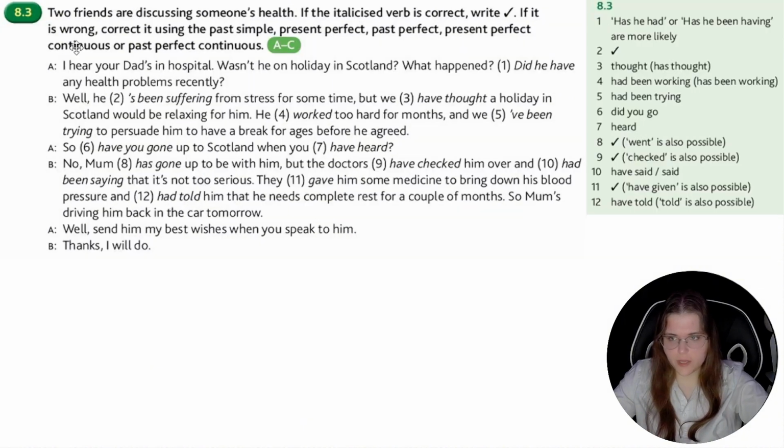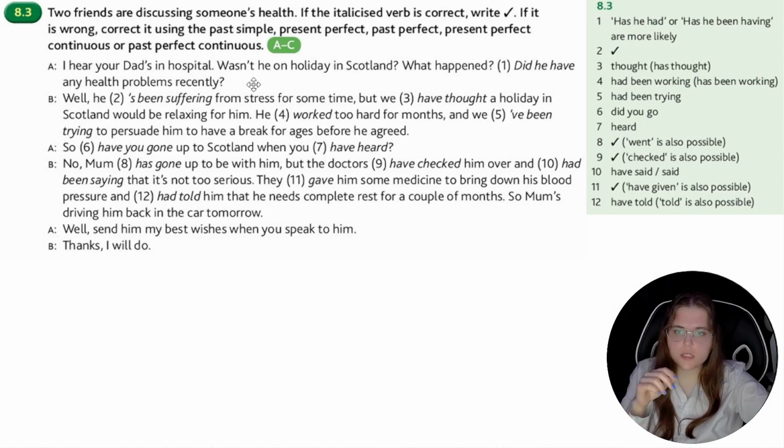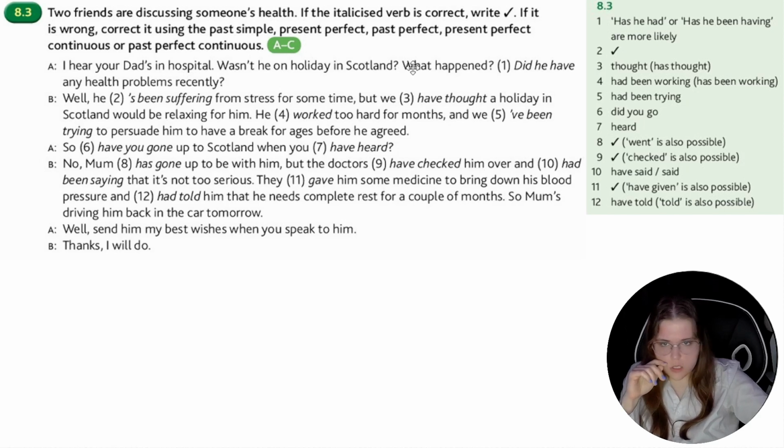Okay, next. The first sentence. I hear your dad's in hospital. Wasn't he on holiday in Scotland? What happened? Has he had, or has he been having, any health problems recently?